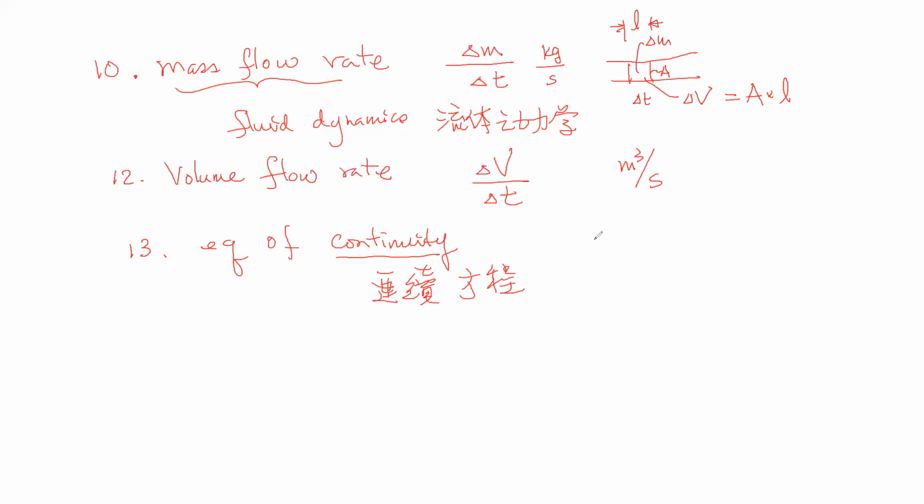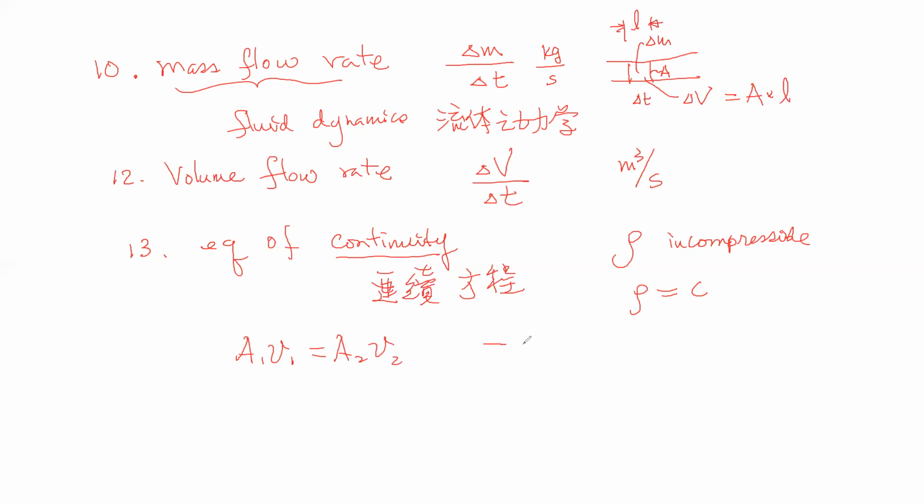So this one here, if your ZO is incompressible, 就不可压缩的, in Chinese it's 不可压缩的, incompressible, meaning ZO is constant. Same thing. So then this one here will be A1 V1, the equation of continuity, equal to A2 V2.